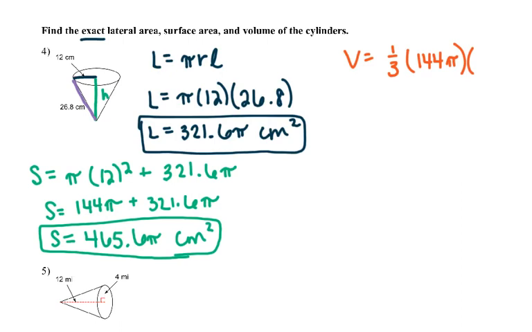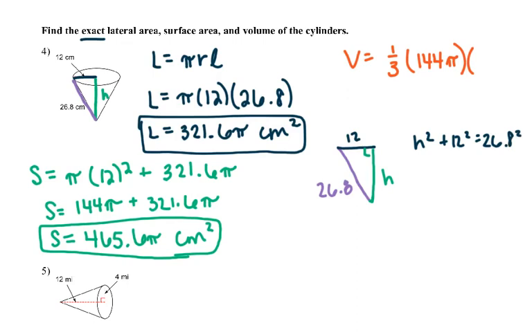It connects with a radius, and then that connects to the slant height. So we can use this right triangle and solve for h using the Pythagorean theorem. So that's not too bad. Got 12 here and 26.8. And we're going to solve for h. So h squared plus 12 squared equals 26.8 squared.